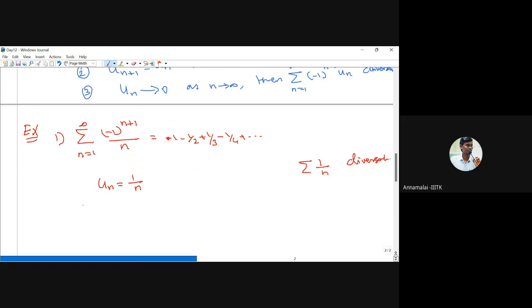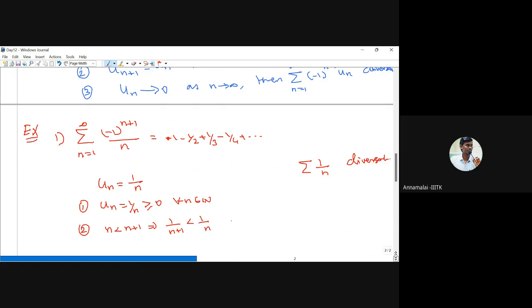Now clearly the first condition is satisfied because all the 1 by n's are positive. Therefore, it's greater than or equal to 0 for all n, because if you give any value of n, you will always get a positive number. Now the second one: since n is smaller than n plus 1, if we take this n plus 1 to this side, we get 1 by n plus 1 strictly less than 1 by n.